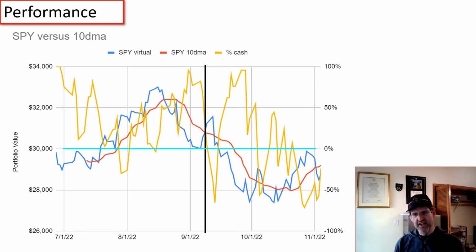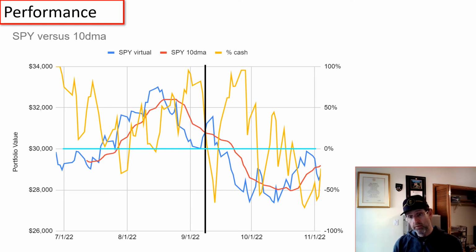So as you see, starting on September 7th, when I started trading the new method, we were in a downtrend, and for most of the downtrend, I was in cash, almost up to 90% cash at some point, but usually over 50% cash.